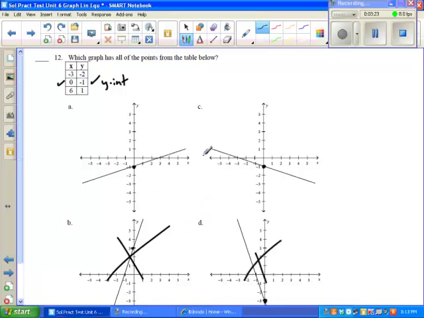Okay, let's check our slope out. Here I'm going in a positive direction, and one's a difference. Here I'm going in a positive direction, and 3's a difference. So my slope is rise over run. It's positive. Well, this graph goes up and to the left. That's negative, so this one has to be it.